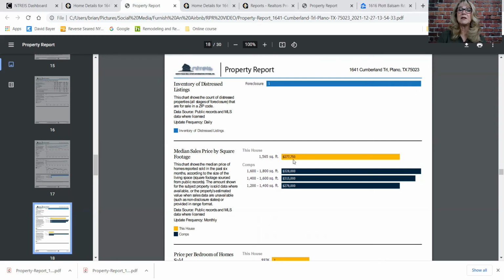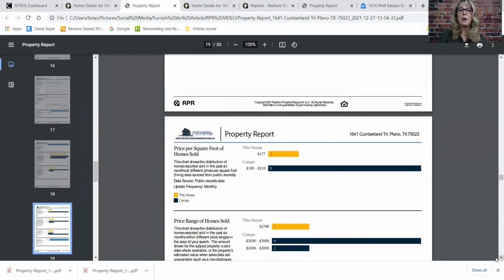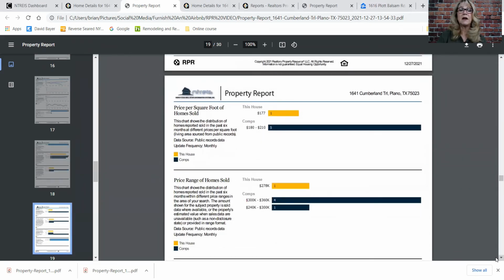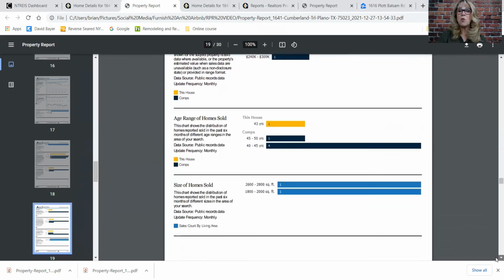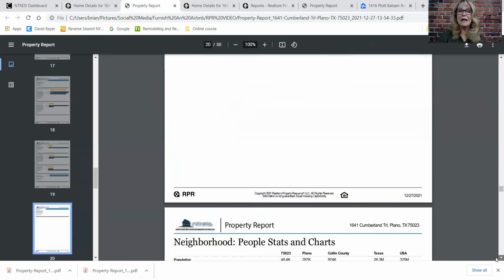Some people really like to know what that is. Again, it's only looking at one property because there's just no inventory over there. Here's the price per square foot of homes sold. Again, the numbers are just one. So this just gives you a lot of info.